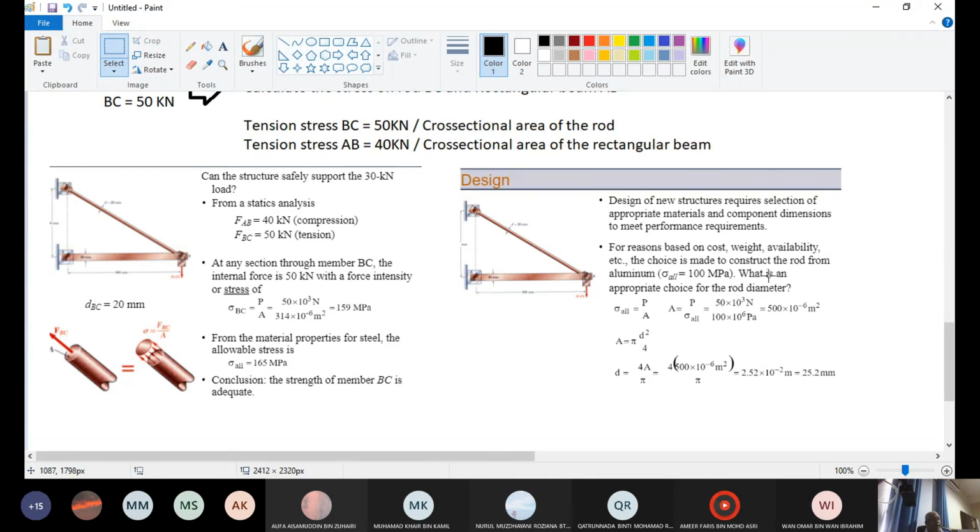That is a strength of that material. Then anything that you do, you have to design for this structure member to have, if you want to use steel, which is 159, all the members here should have stresses below 159. But if you choose here aluminium, all the stresses in the member here must be less than 100 because we have said 100 megapascal is the strength of the aluminium.